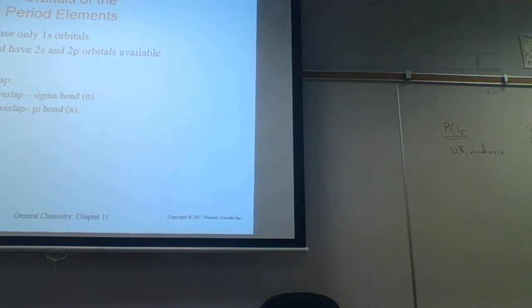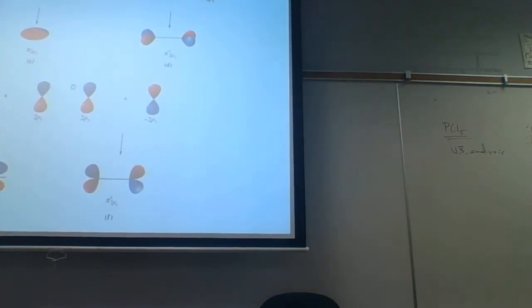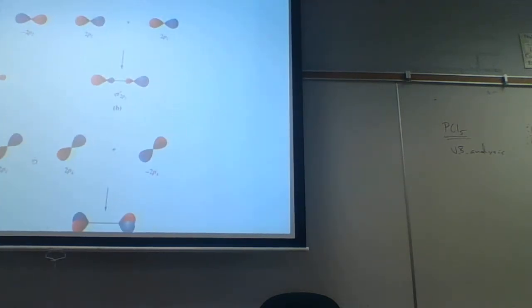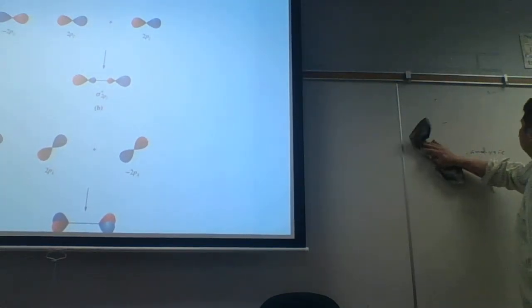All right, for second period elements, we have more orbitals. So for the second period, we're going to look at the 2s and the 2p. This is a figure from the book.